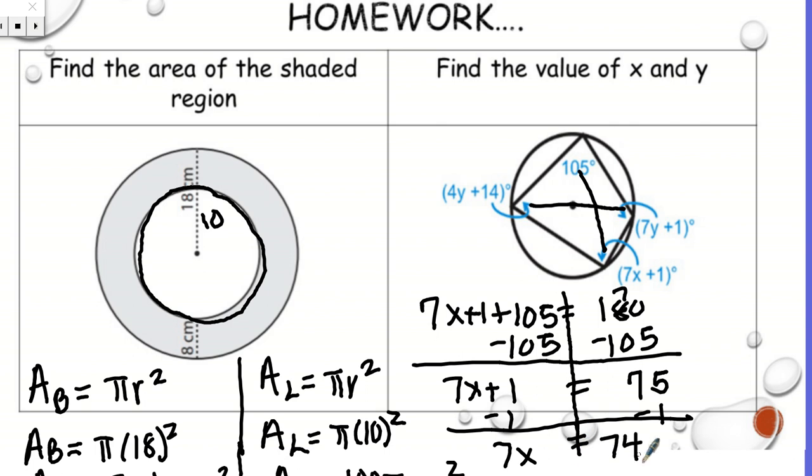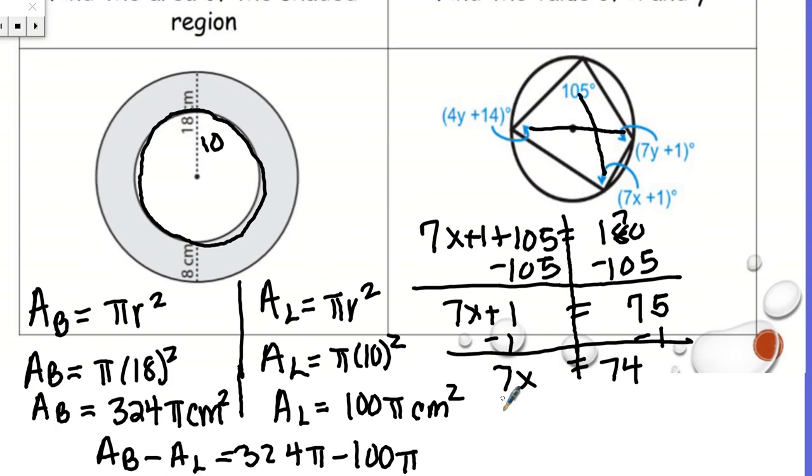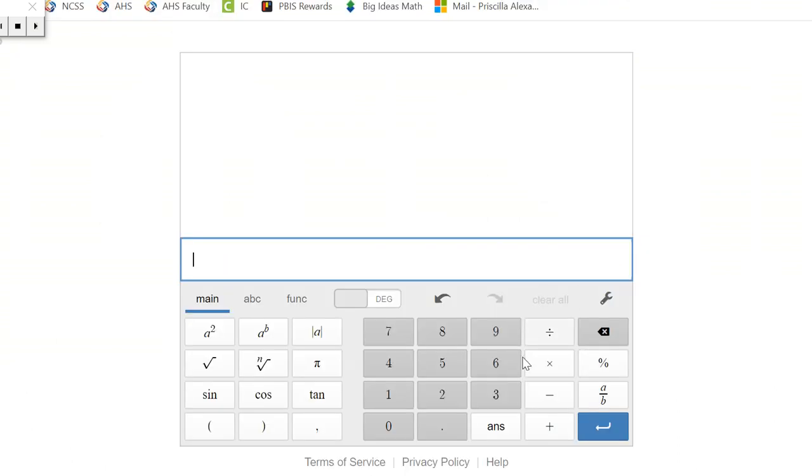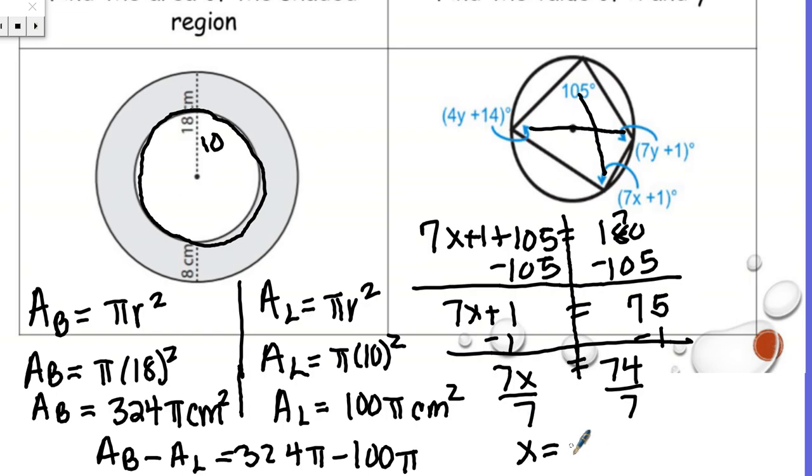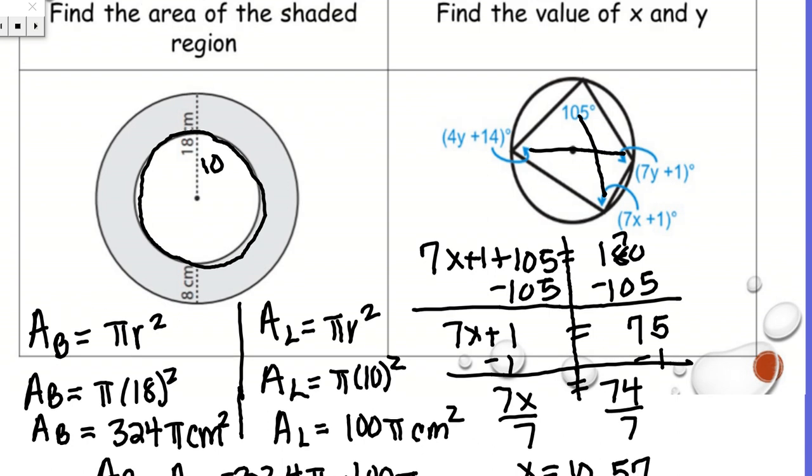That equals 74. Divide by 7, divide by 7. So x equals, and this question asks us to solve for x, so we may be finished. That is 10.57. So x is 10.57, and we solved for x here, assuming that I didn't do anything wrong.